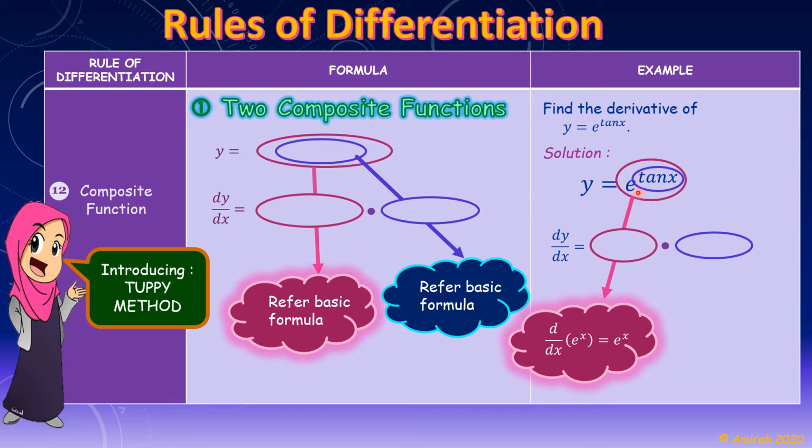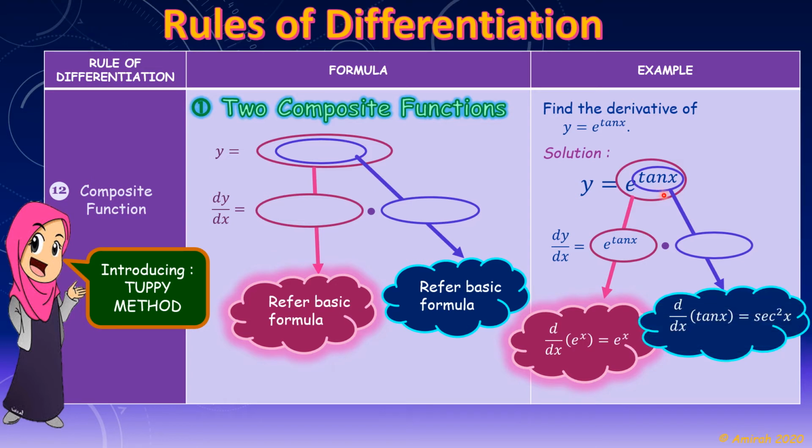So when we differentiate e to the power of tan x, it should be e to the power of tan x. Our x now is tan x. And after that, for the inner circle, to differentiate tan x, we refer to the basic formula. The derivative of tan x equals sec squared x.